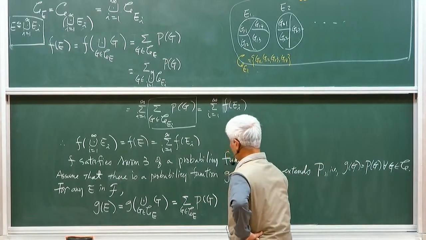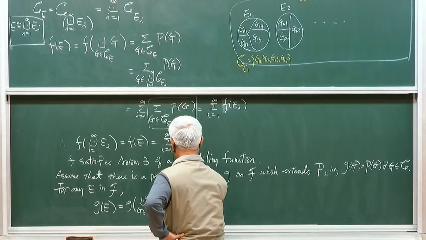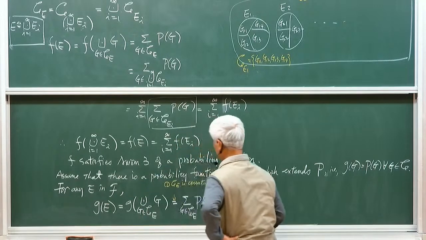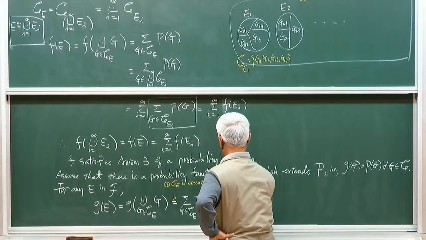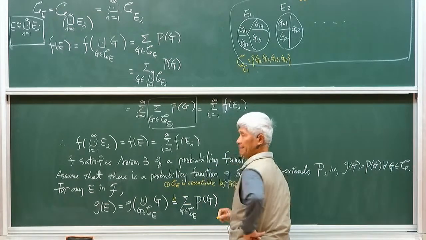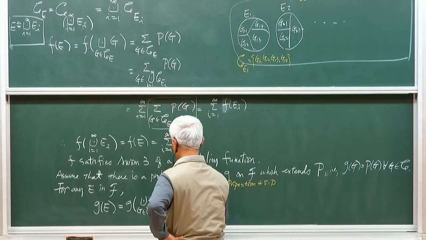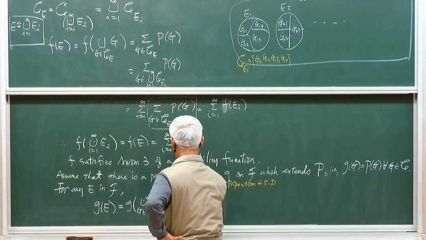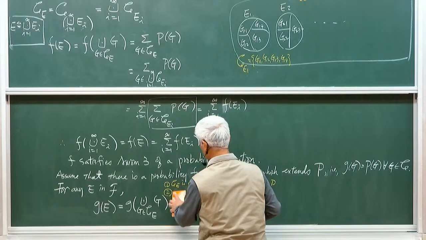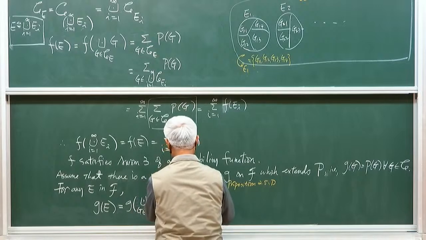Why? First, C sub E is countable, by proposition 2.5. Second, G satisfies, because G is a probability function, axiom number 3, countable additivity.